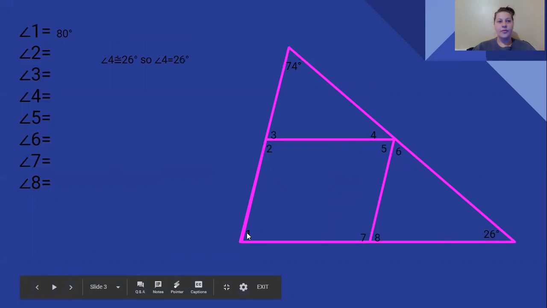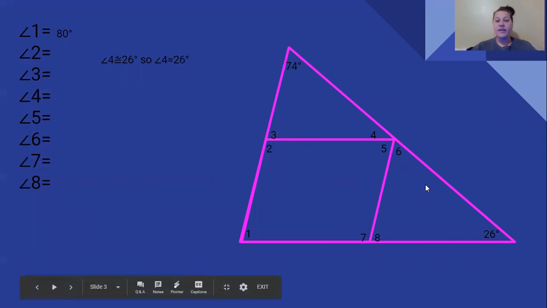Now, we are going to move on to angle 4. Again, the same with the verticals and the congruent. If I took this triangle with angle 8, 6, and 26 degrees, and laid it right on top of the triangle that had 74 degrees, angle 3, and angle 4, they would line up perfectly, because the side measurements and the angle measurements are exactly the same.